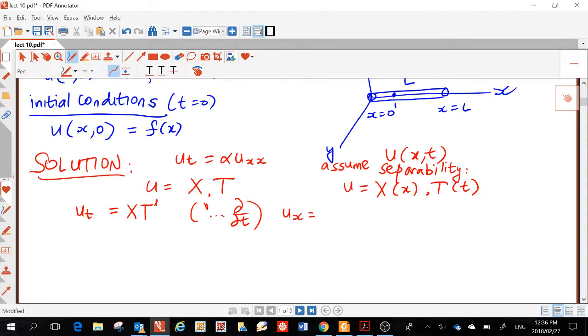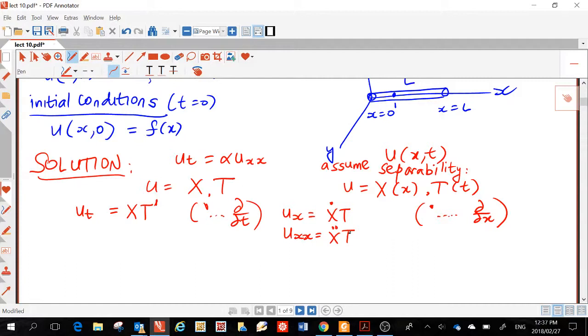When you do partials, you treat one variable as a constant and work with the other. So this will be X dot T. This time dot represents the partial derivative with respect to x. If I differentiate again, u_xx will be X double dot T.